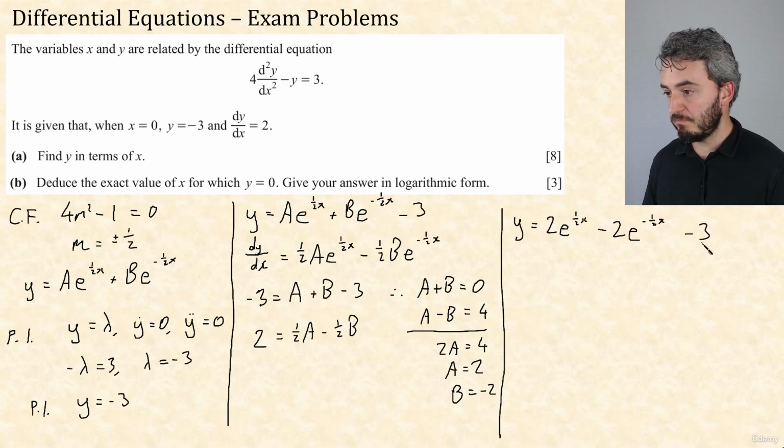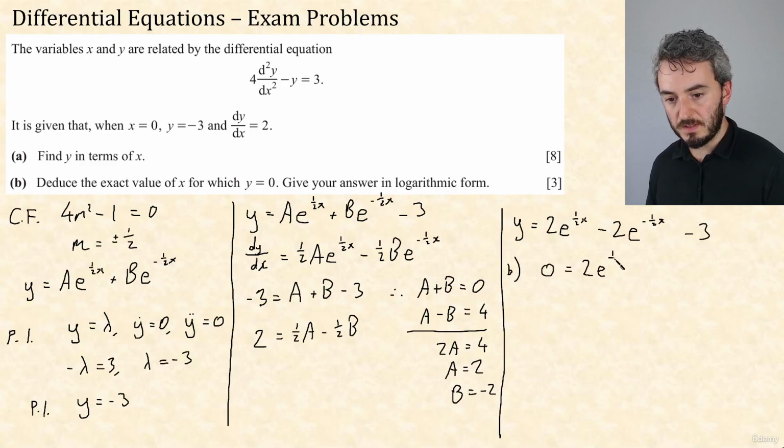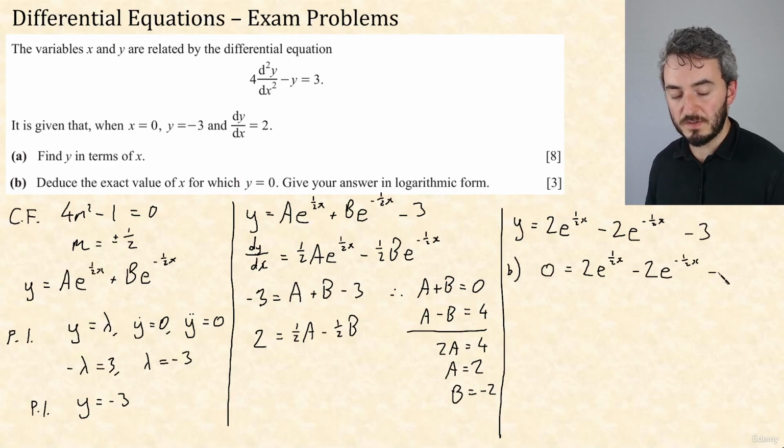So there's my answer. Now part B, deduce the exact value of x for which y is 0. Okay, so that's solving 0 equals 2e to the half x minus 2e to the minus half x minus 3. This looks like a disguised quadratic to me.